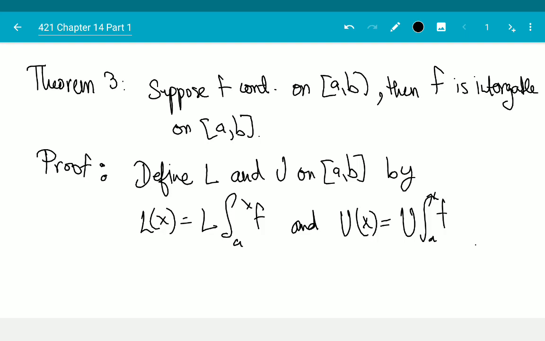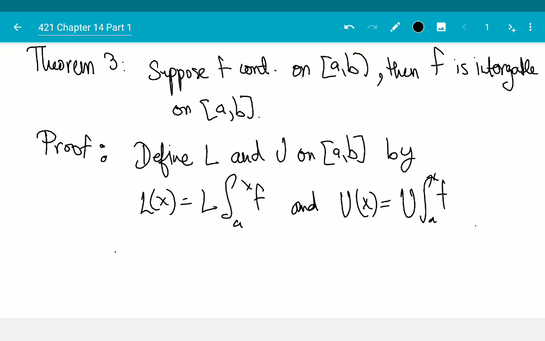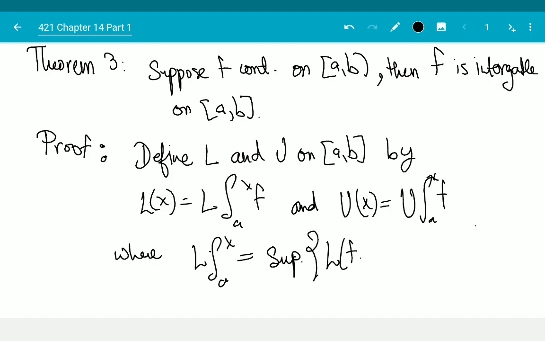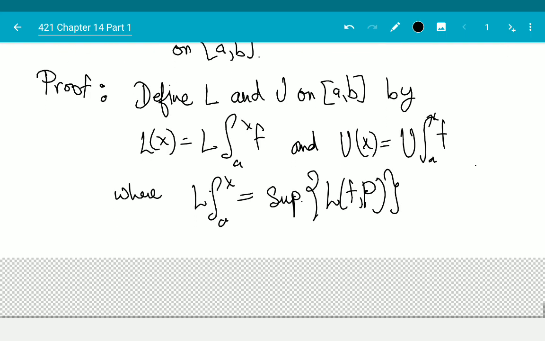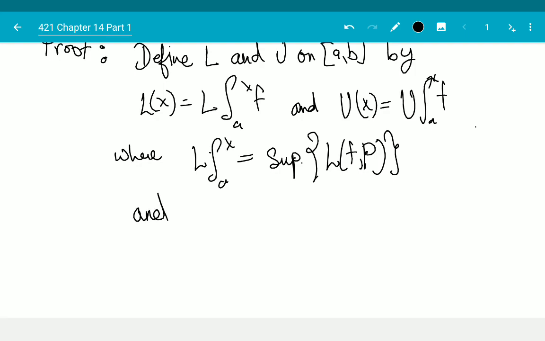Well, what are L and U? L integral a to b of f is equal to the supremum of L(f, P), and U integral a to b of f is equal to the infimum of U(f, P).